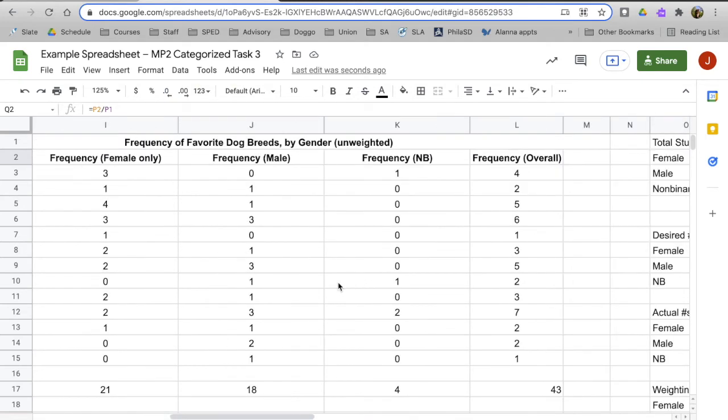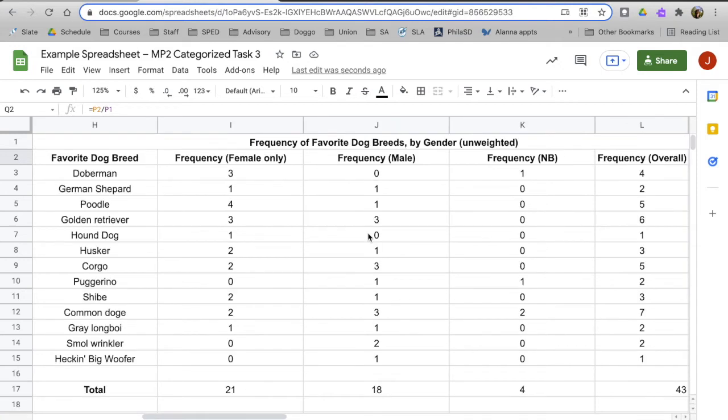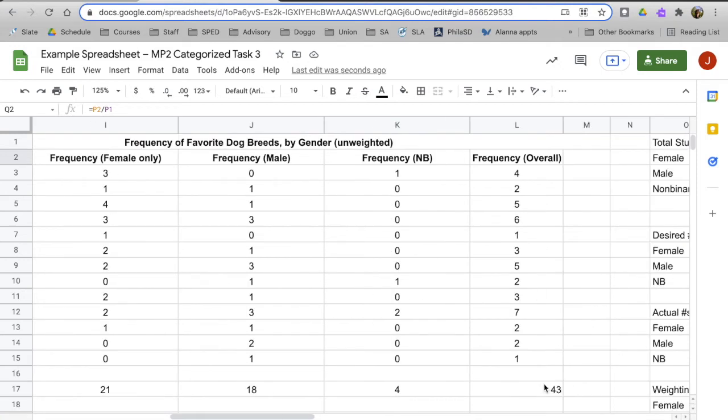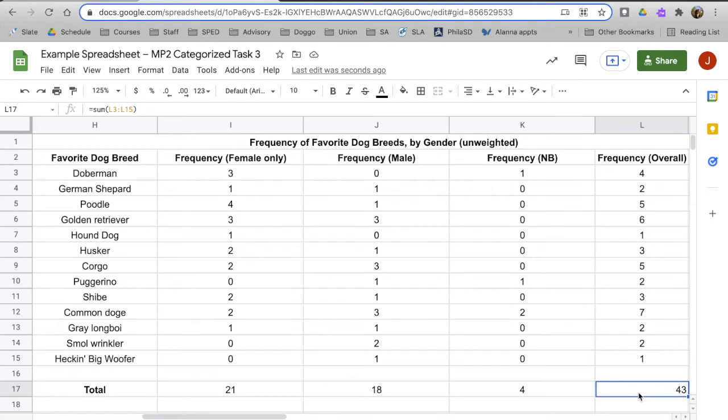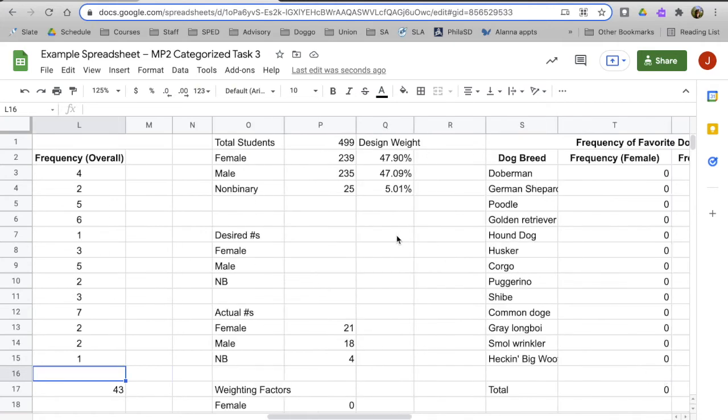So looking over here at our completed data table, which we put together in other videos, we found that the total number of students in our sample was 43 right there. That's 43 total students, which means that the number of students that we should have in our sample who identify as female should be 43 times this design weight right here.